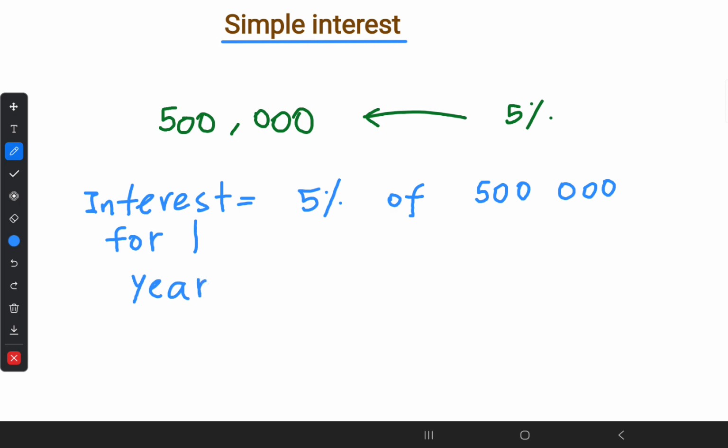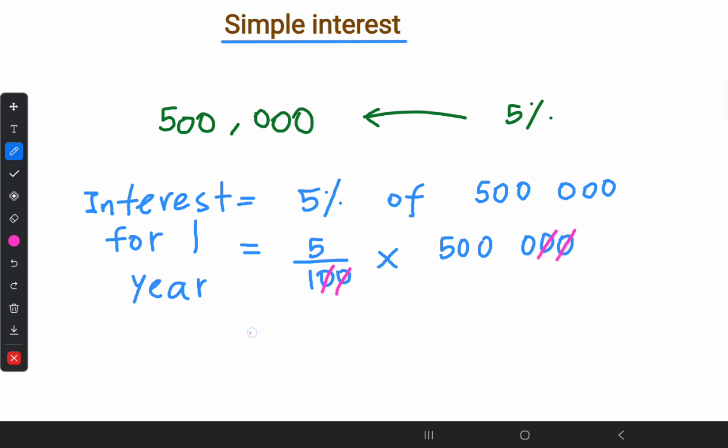So 5% of 500,000. Let's convert the percentage to its corresponding fraction. 5 upon 100 of means multiplication with 500,000. Then we can simplify as much as we can. Here we can cancel the zero digits.